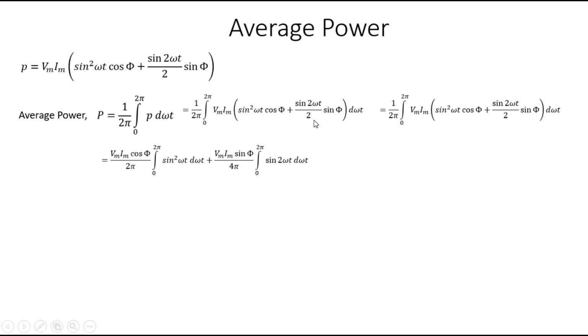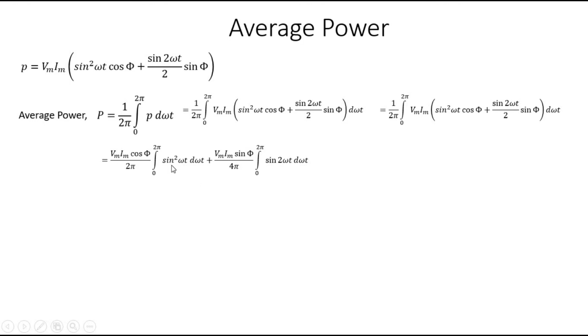We are integrating with respect to omega t. So cos phi is constant, phi is constant, Vm Im is constant. So the first term is Vm Im cos phi by 2 pi, and we only integrate sin square omega t d omega t. The second term is Vm Im, then 2 pi, this sin phi over 2 is constant. So Vm Im sin phi, 2 pi into 2, 4 pi. We only have to integrate sin 2 omega t.